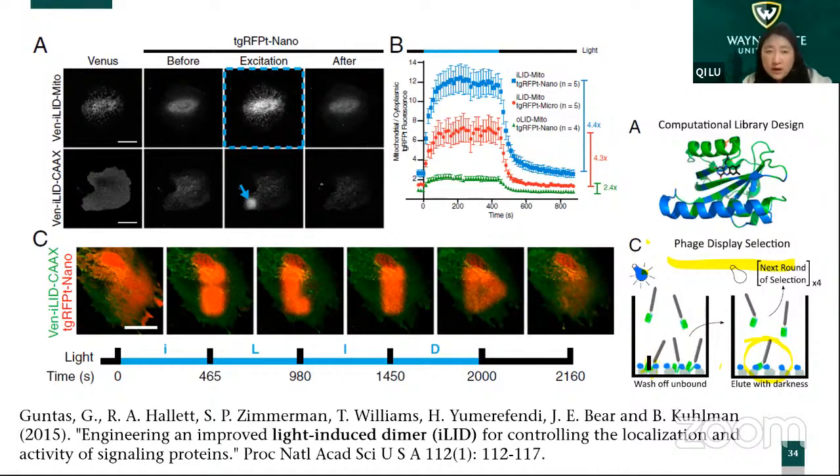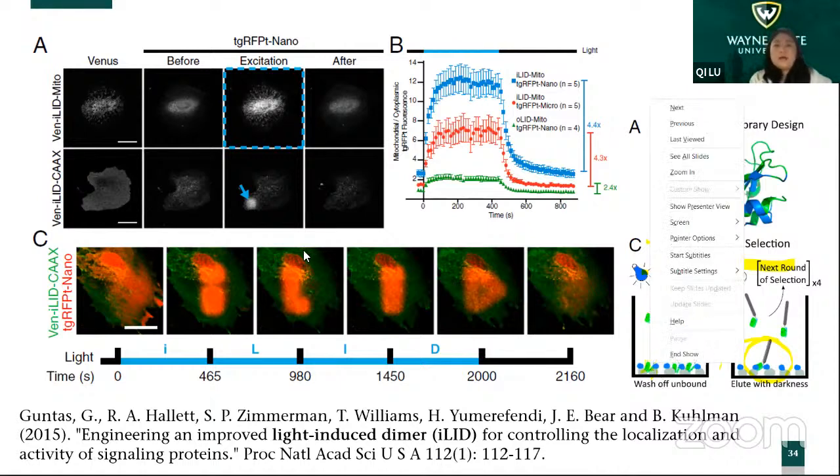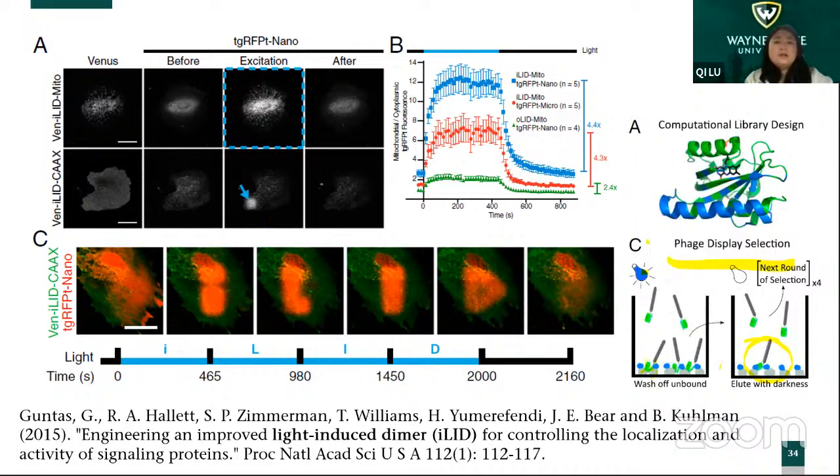In this way, they can control that after shining the light, the proteins will be targeting or binding to the mitochondria or some part of the plasma membrane. This of course is called a light-induced dimer.